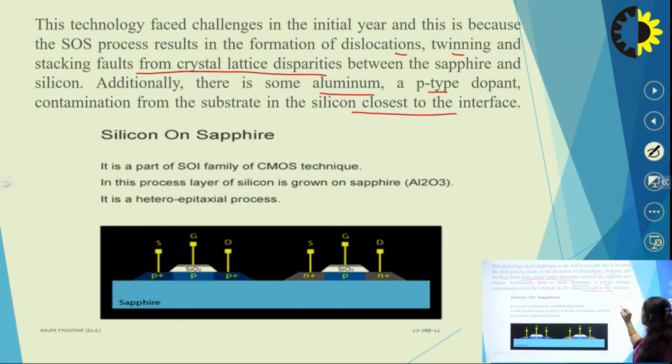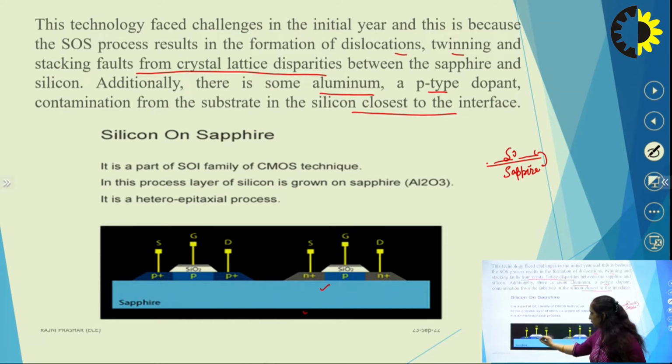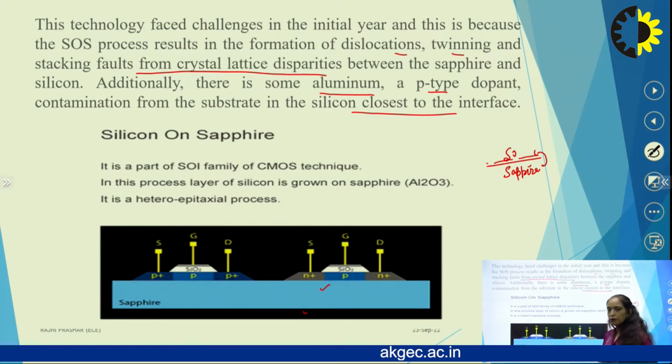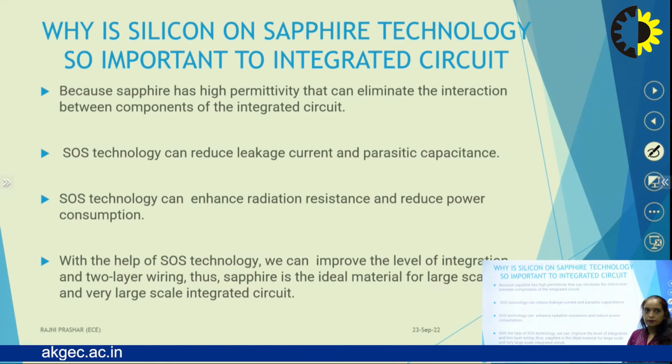So when we deposit, suppose this is your sapphire and this is silicon, we deposit silicon over here. Some of the dopants may come and deposit over here also, because the process is carried out at a very high temperature. This is the diagram where we have the substrate, the sapphire is deposited over this, and we have the silicon layer where we have the NMOS and PMOS devices.